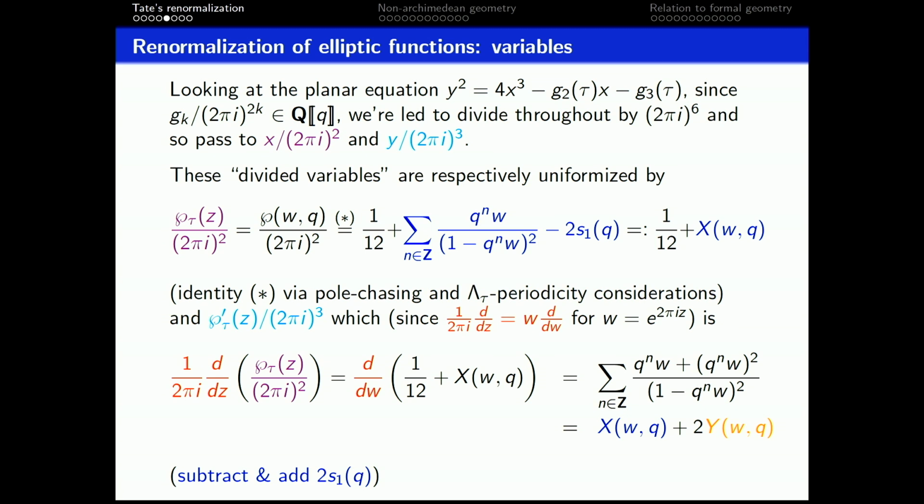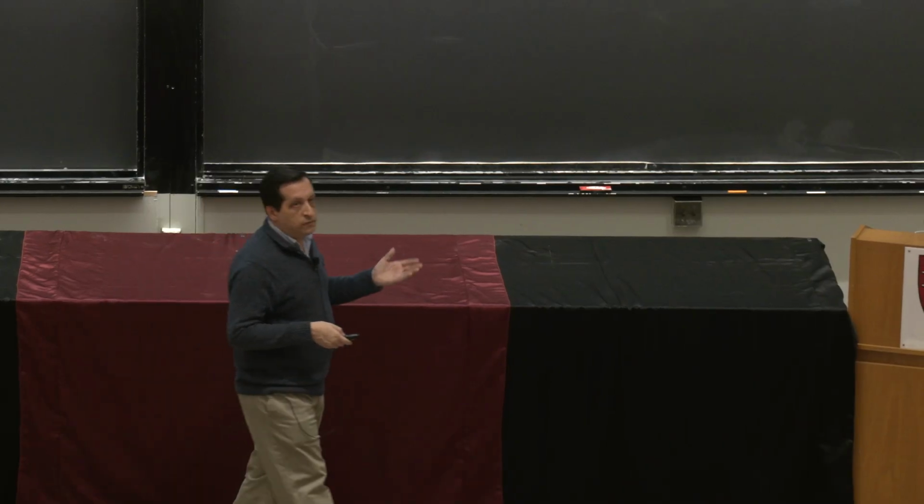This part is most of this. We subtract and add, so we get the x plus twice something else left over, and it happens to be this.